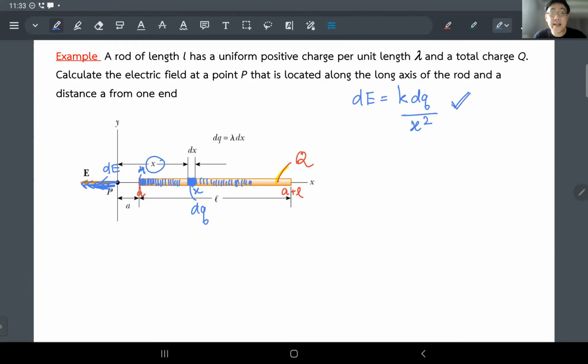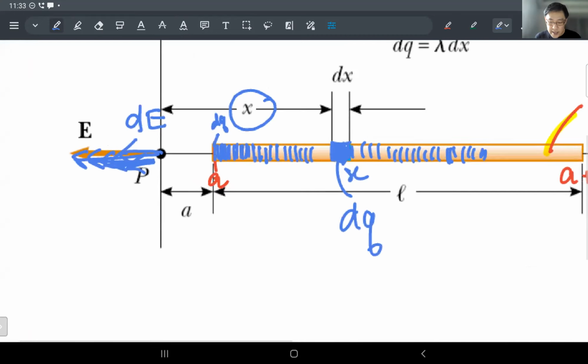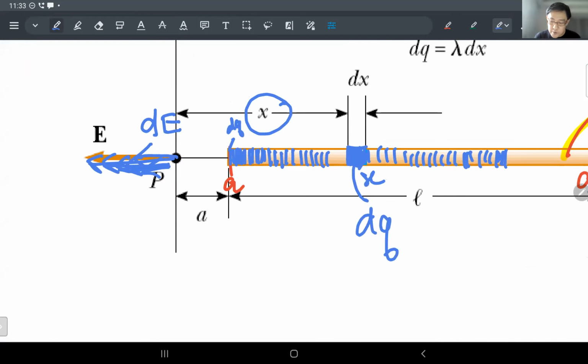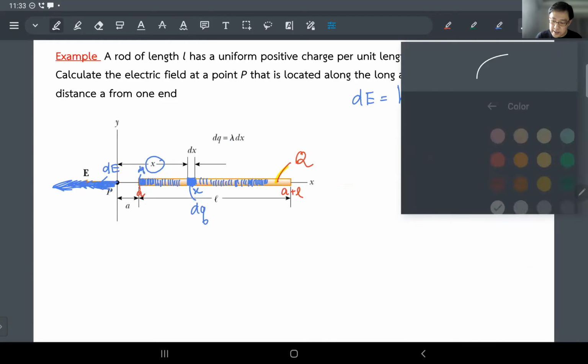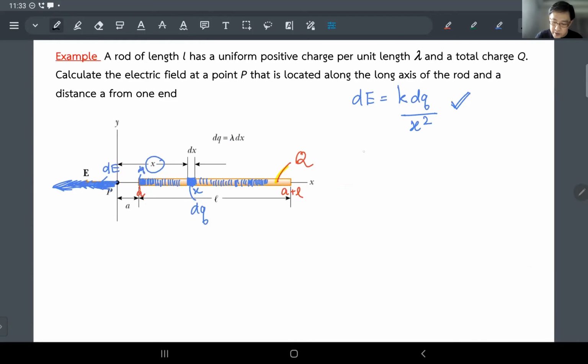So the only thing that you need to do at the end is just look at the left. Every slice will generate dE, dE, dE, crazily many dE on your left. See that? So what you have to do at the end is calculate the net electric field at point P, which is going to be the summation.